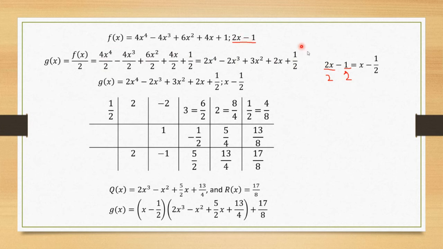From here, if we divide by 2, we get this. We get x minus a half. So now we're going to use synthetic division on this, over here, with x minus a half.